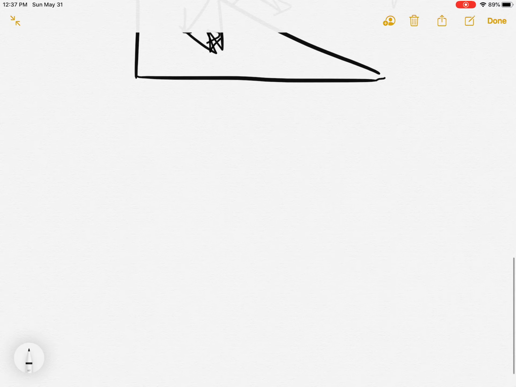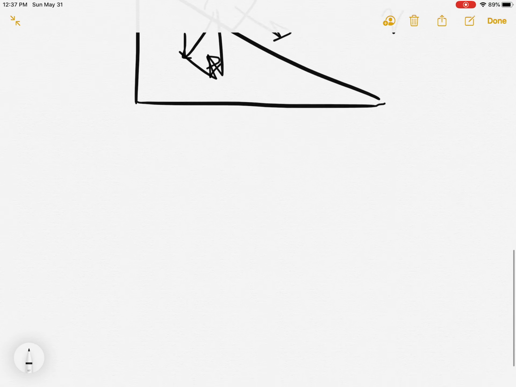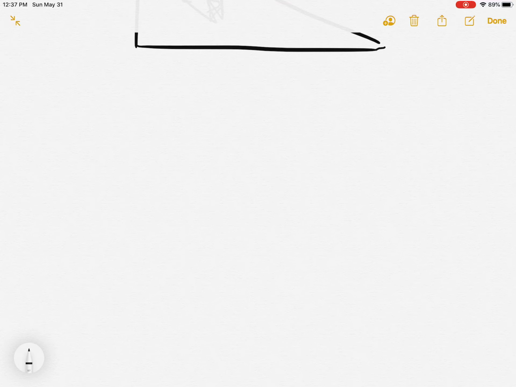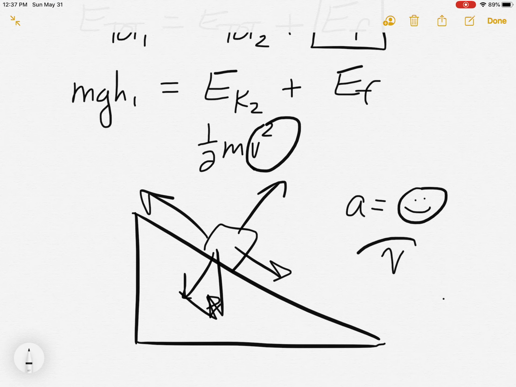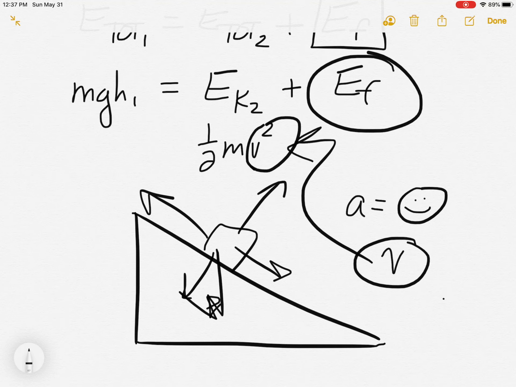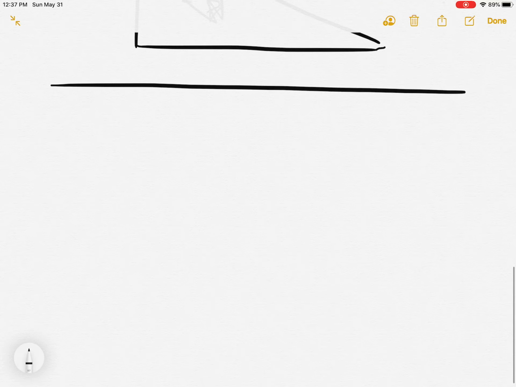But there is a bit of a shortcut. If you wanted to go that route and figure out that v, and then put that v back in here, and work all this out and figure out how much was lost, you should get the right answer, but it's a long way to go.